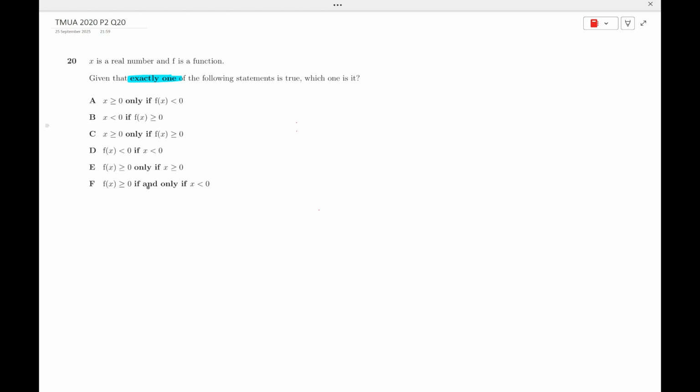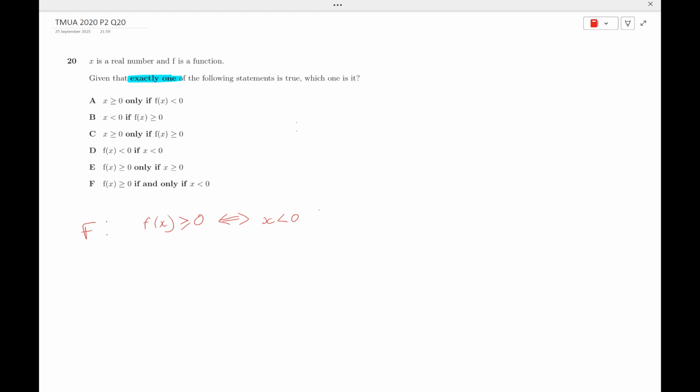Now, the "if and only if" one is interesting. If we look at statement F, that says that f of x greater than or equal to 0 is an equivalent statement to x being less than 0. They always happen simultaneously.